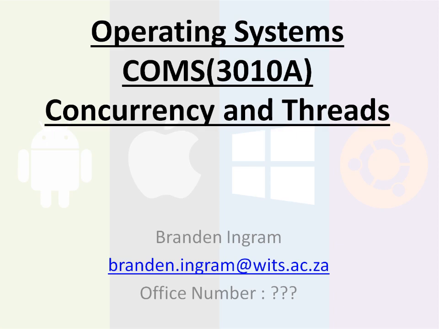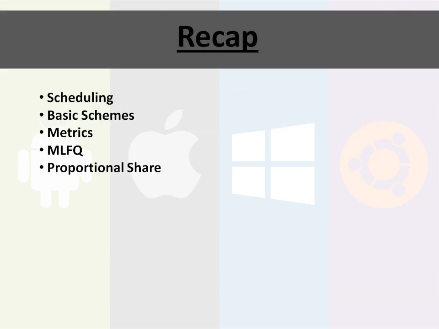But before that, as usual, just a quick recap of last week. We looked at scheduling, which was the arranging of different processes in an order which best suits our needs and processing those processes in that order. So whether it was optimizing for performance or fairness or a bit of both.